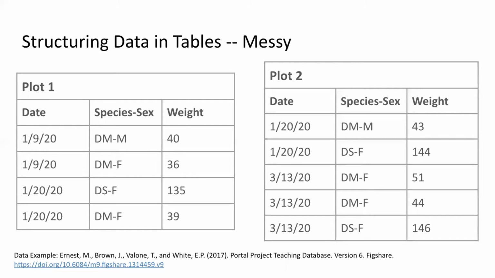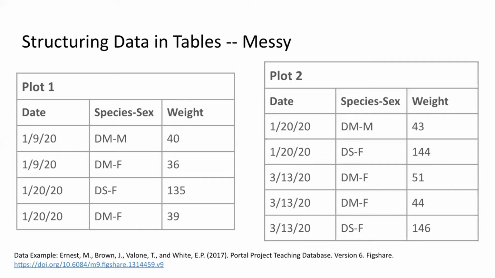So looking closer at two of these data tables, we also see the column headers are values, not variable names, the plot numbers. There are multiple variables stored in one column. These tables have combined the species and sex into one column. So variables are stored in both rows and columns.